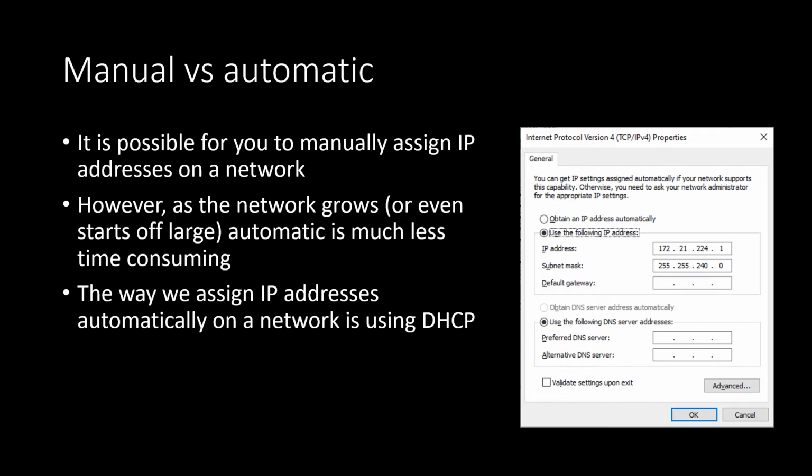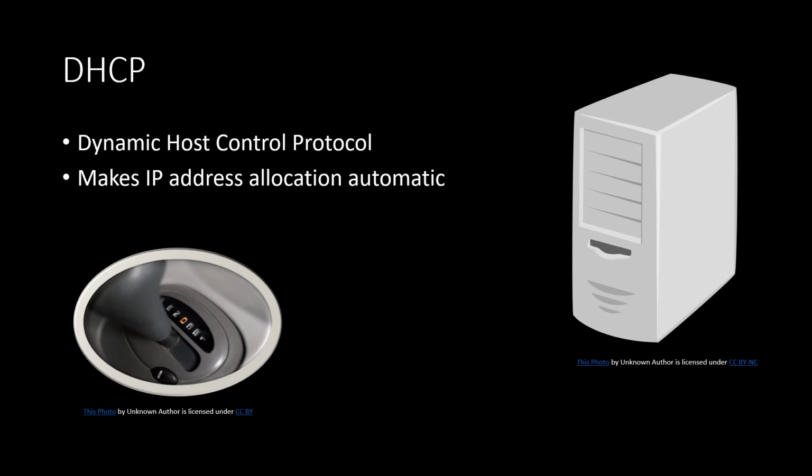The way we assign IP addresses automatically on a network is using something called DHCP. What's DHCP, you might ask? DHCP stands for Dynamic Host Control Protocol, and it's the way we automatically assign IP addresses on a network.